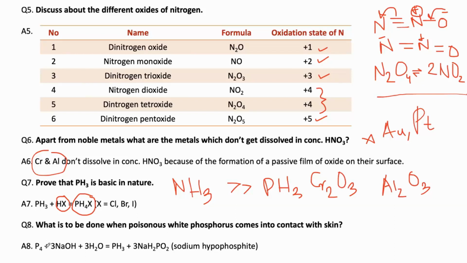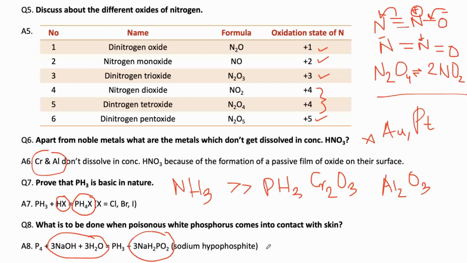That's why, whenever white phosphorus comes into contact, we have to rinse the hands with alkaline sodium hydroxide solution, because with alkaline sodium hydroxide solution, phosphorus is reduced to PH3 and harmless NaH2PO2, that is sodium hypophosphite, is formed. That's why it is less harmful.